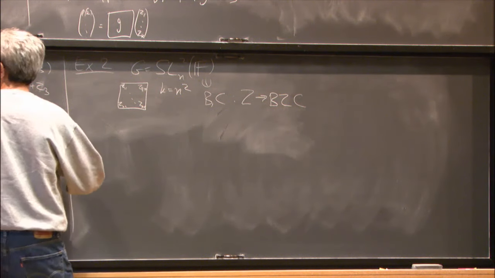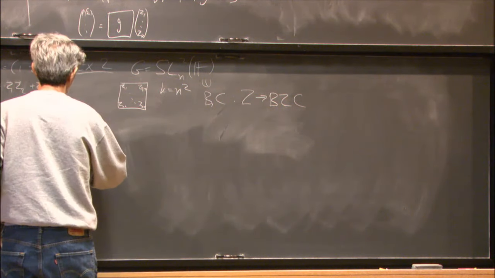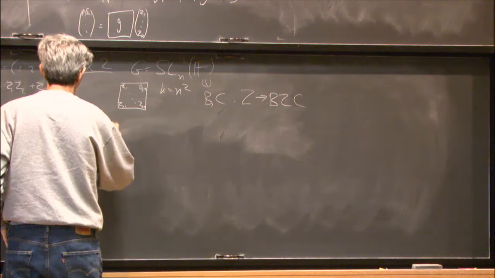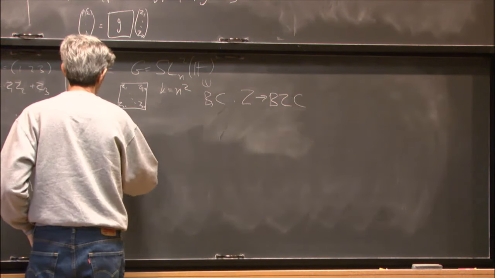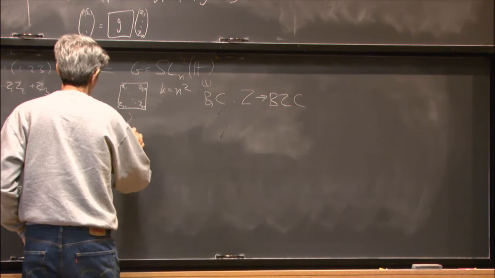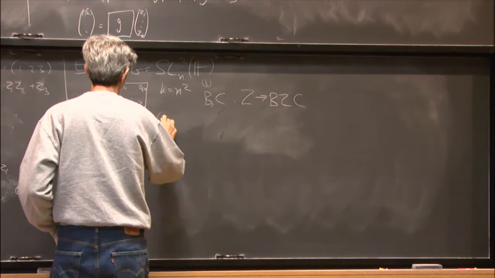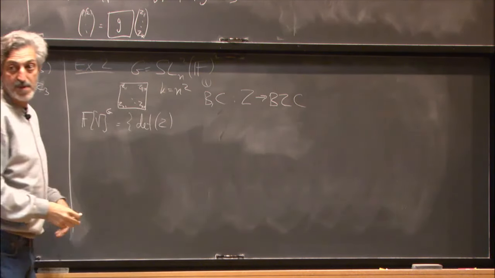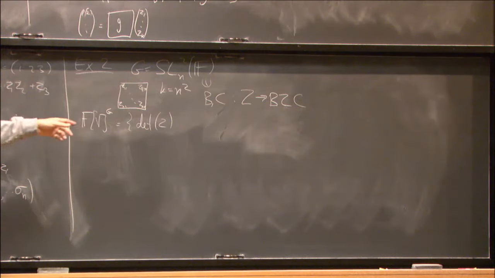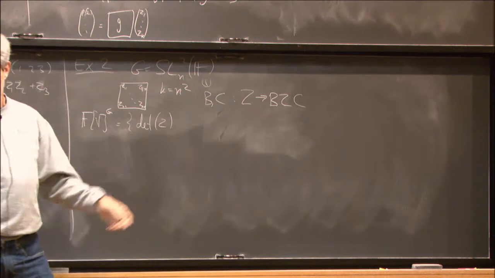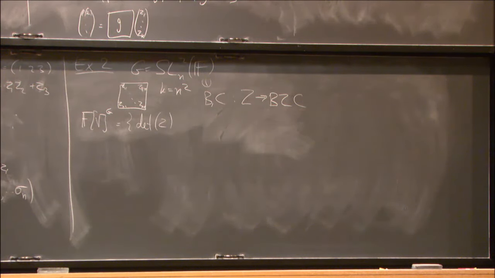So we are trying to understand, as before, the invariant polynomials, and definitely this is preserved. The determinant: these are matrices of determinant 1, so it doesn't matter what they change, they don't change the determinant. What else?